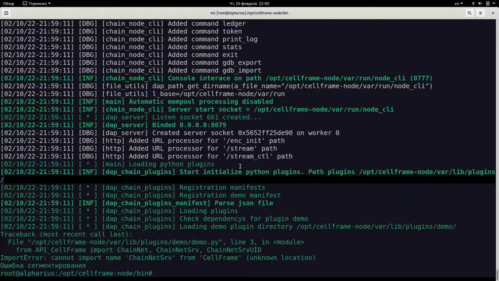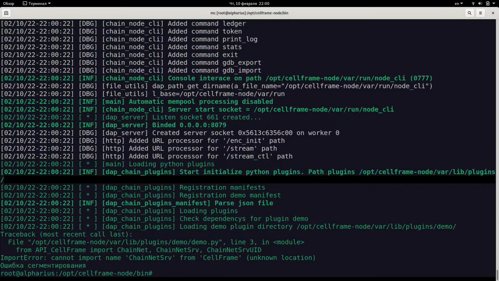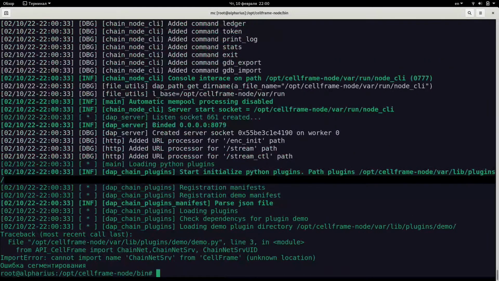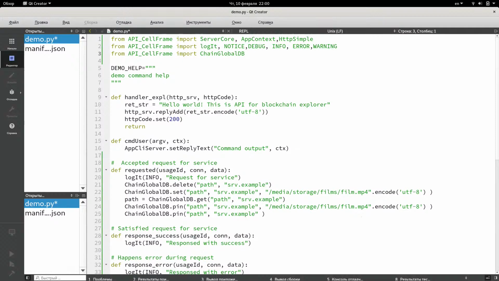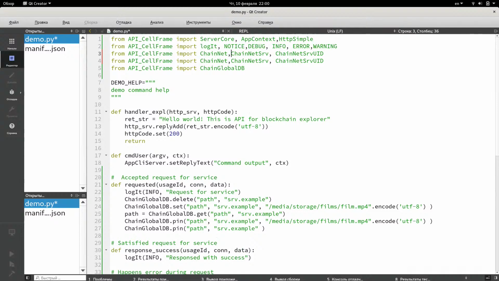Maybe something hasn't saved. Okay. I don't understand what's going on because I have removed just Cellframe, but it's still trying.